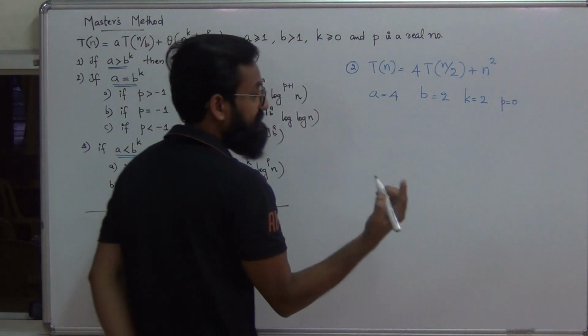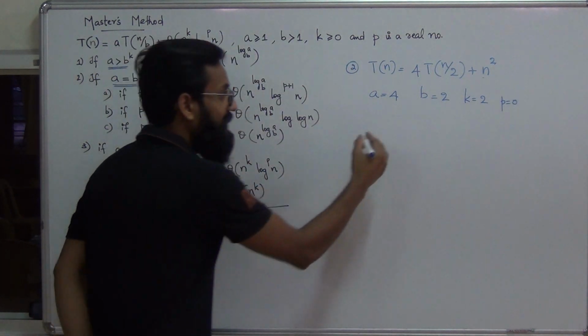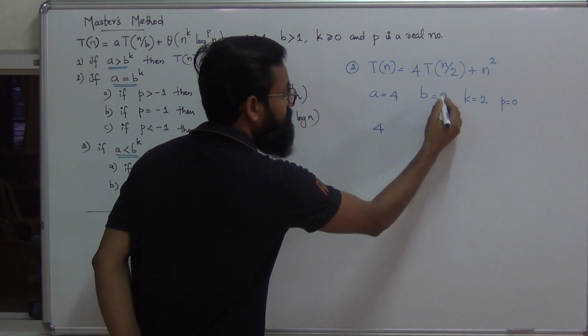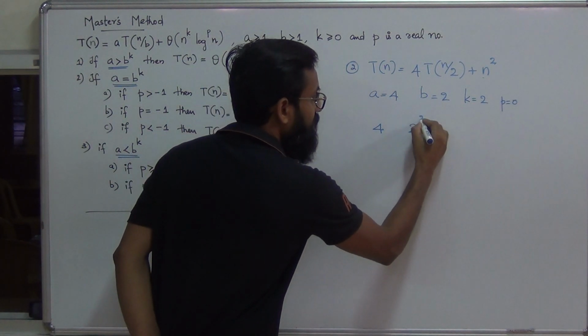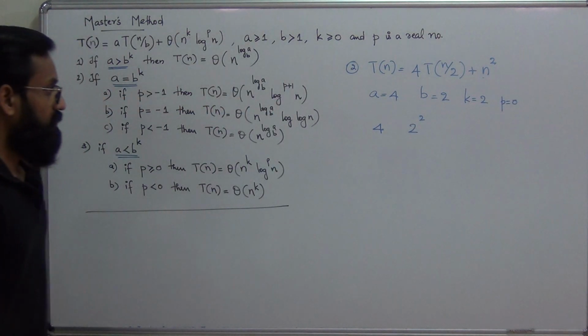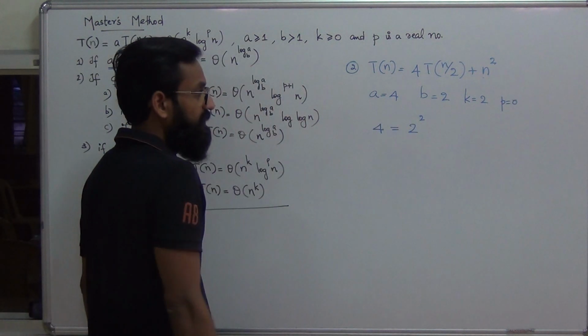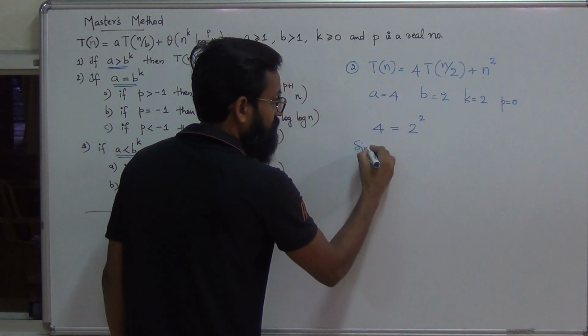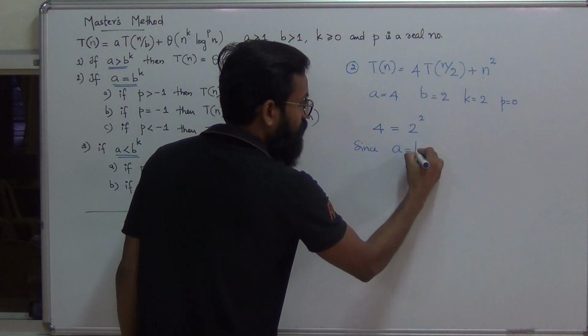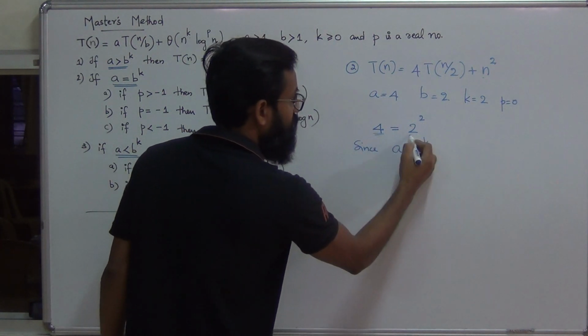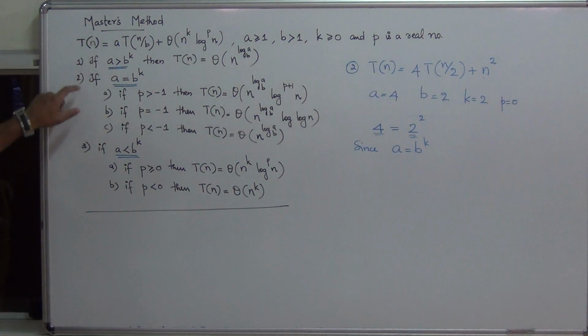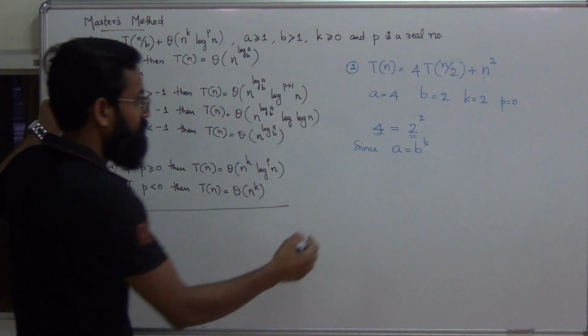Now as I said, you have to compare a and b^k. b^k is 2^2. Now it is clear that a is equal to b^k, that is 4 is equal to 2^2, so you have to apply case 2.